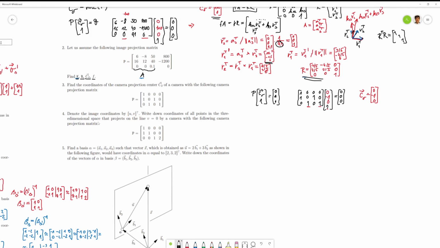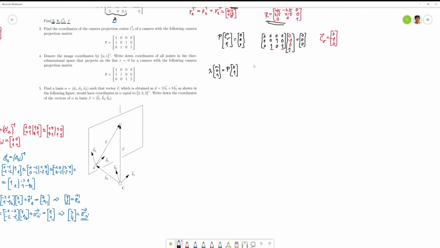In the fourth task, we should write down coordinates of all points in three-dimensional space that project on a line v equals 0, where v is the second coordinate in the image. Therefore, the projection equation will be lambda times the vector u, 0, 1 equals P times some three-dimensional vector x extended by 1.